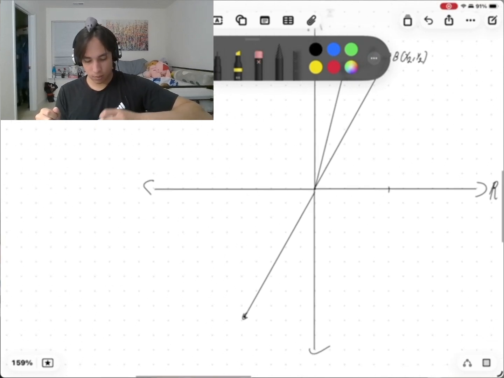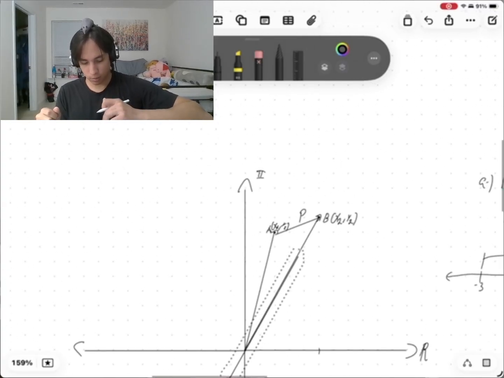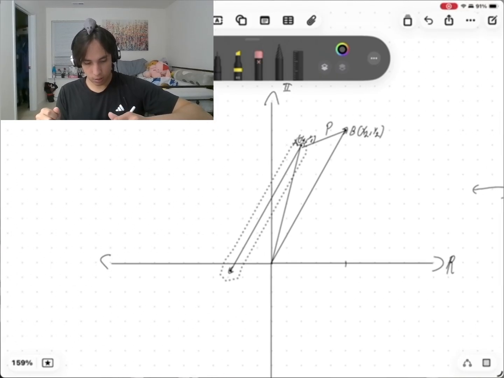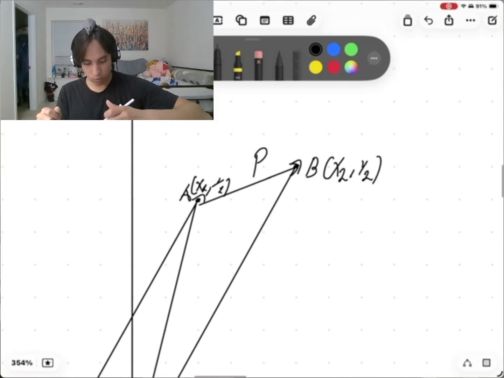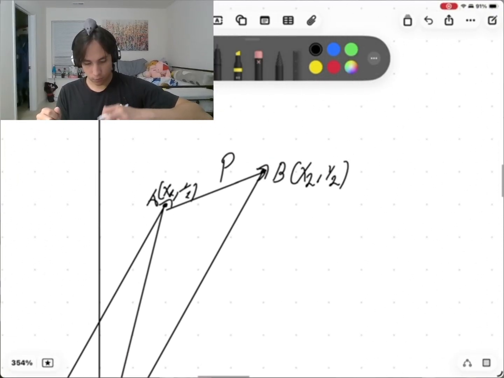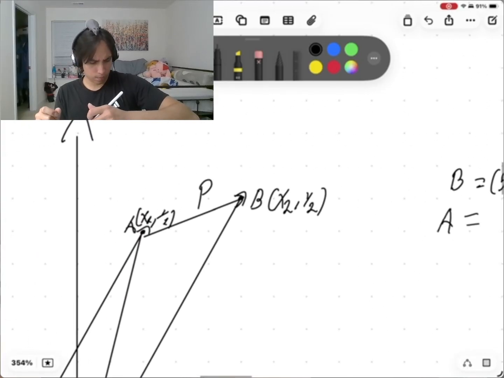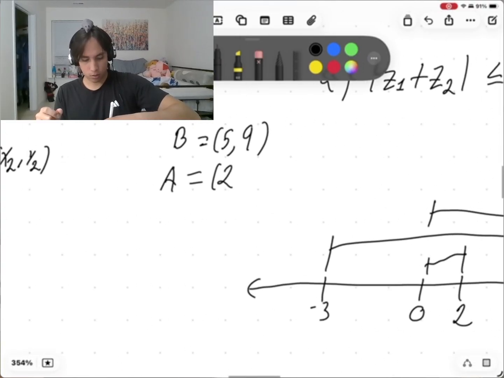Now we take this flipped thing. I know it's not the most perfect, and we put it base to tip. What we get should be something like this. So what were the two vectors? 5, 9, that was B. A was 2, 8.